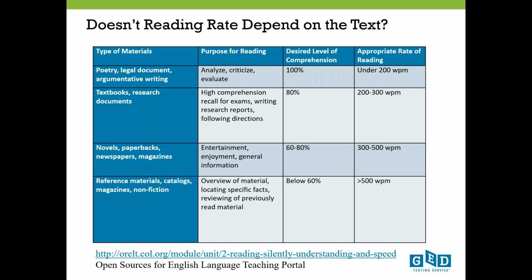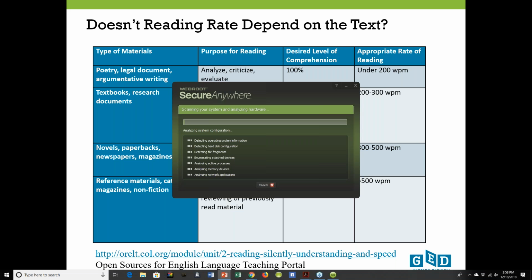Now, if you're looking at magazines and something nonfiction, or maybe even novels and paperbacks, we're not looking to have 100% comprehension. We're reading for different purposes, and as a result of that, we speed up. And we may go anywhere 300 to 500 words, or maybe even more. And I think one of you even hit that right at the very top of the scale in what we were reading just a few minutes ago. So yes, there are differences when we're taking a look at the different materials that we're working with.